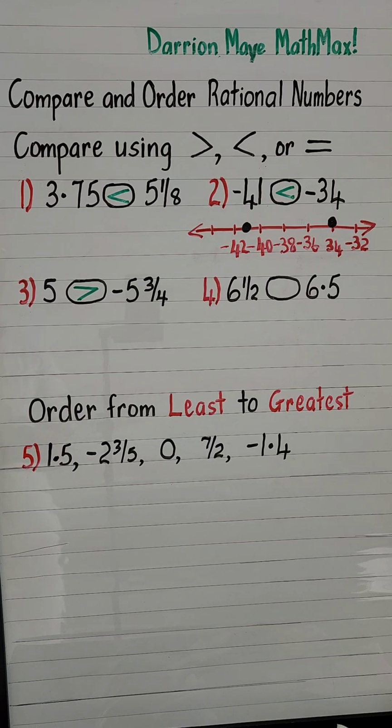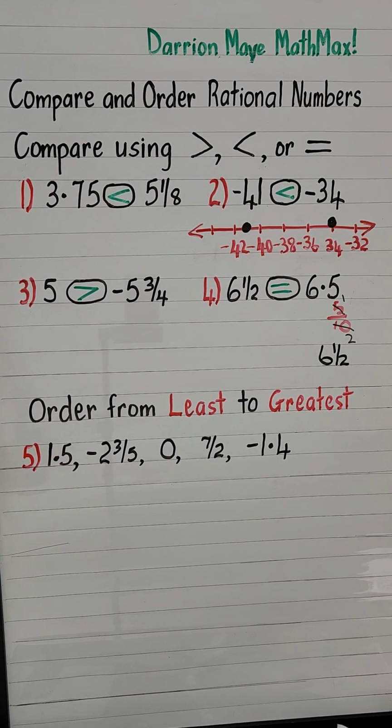And we know that 0.5 is 5 over 10. So 6.5 is equal to 6 and 5 over 10. And that is equal to, we cancel 5 over 10, and that is a half. So therefore, 6.5 and 6 1/2 are equal.